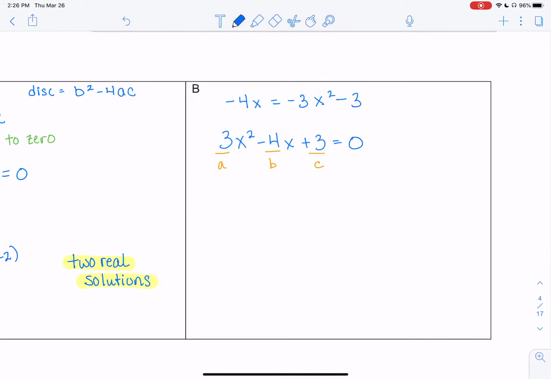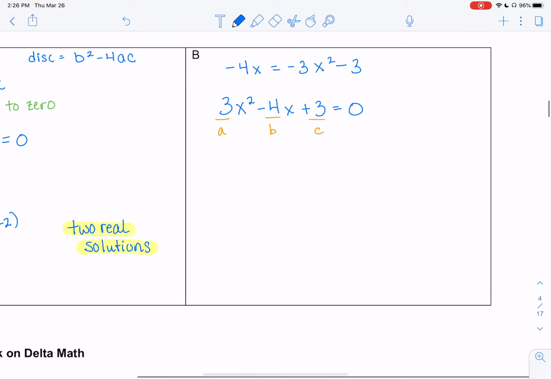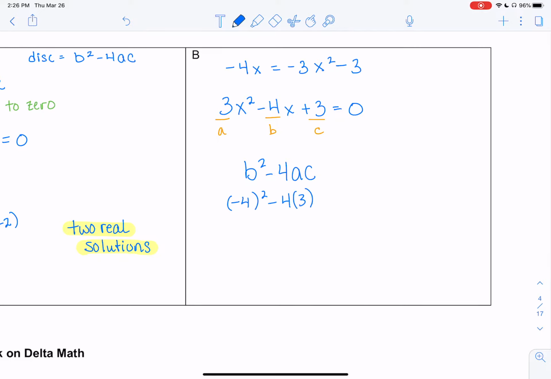And then I'm going to rewrite that discriminant, b squared minus 4ac. My b value is negative 4, but it is getting squared. a is 3, c is 3. So negative 4 squared comes out 16 minus 4 times 9, so that would be 36. That ends up with a negative value of 20.